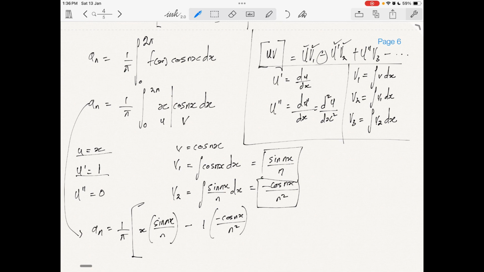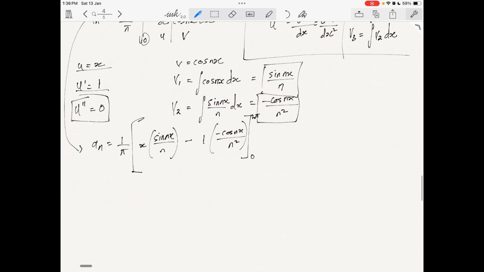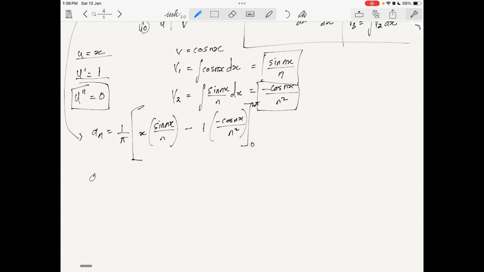There is no need to continue further with u prime prime because it is 0. So we have this from a range of 0 to 2 pi. Now we can simplify further, and this is 1 over pi of x sin nx over n, plus, because the minus signs multiply to give plus, cos nx over n squared from 0 to 2 pi.